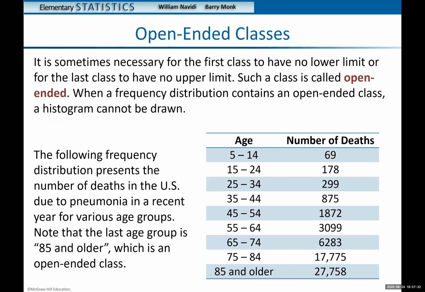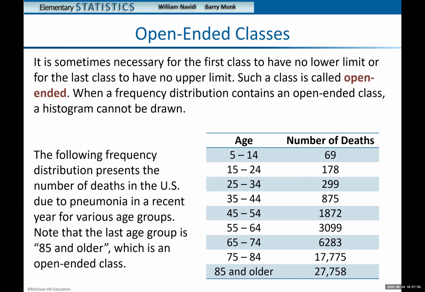And there are also other types of frequency distribution, which is what we call the open-ended, just like an example here. This frequency distribution presents the number of deaths in the US due to pneumonia in a recent year for various age groups.